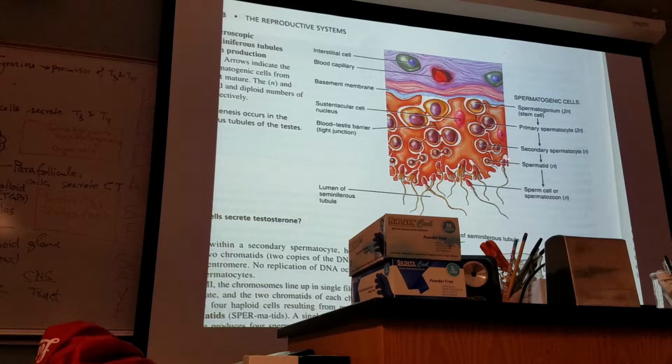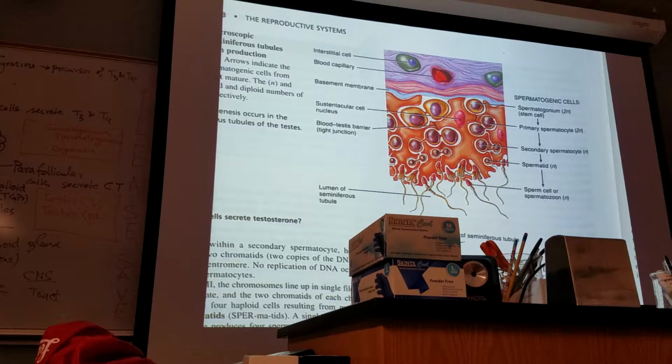The different stages here: you can see the spermatogonium, the stem cell, which is diploid. If this is from a human being, then the chromosome number of spermatogonium will be 46. Spermatogenesis involves several processes, like first mitosis, then differentiation into primary spermatocyte, which is diploid.